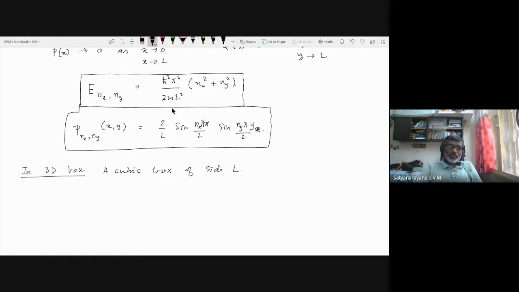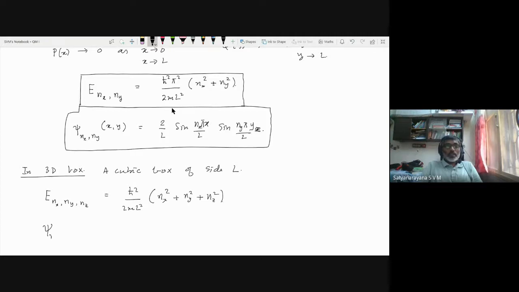It cannot go out of this cube. In that case, your energy will depend on three quantum numbers: nx, ny, and nz. And the energy eigenvalues are h bar square pi square by 2mL square into nx square plus ny square plus nz square.